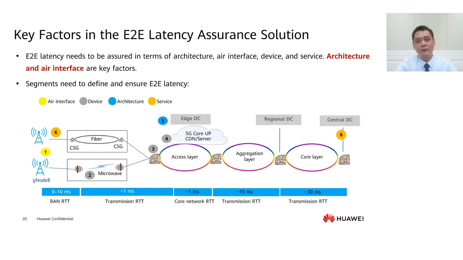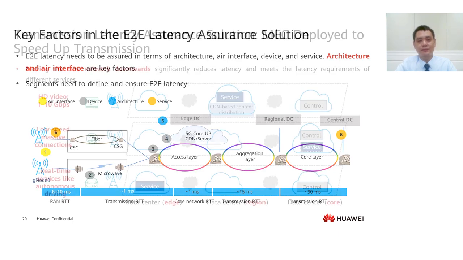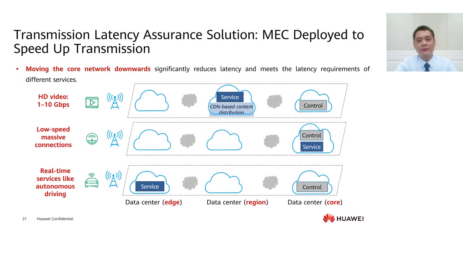The user plane can be moved downwards by deploying MEC to reduce the transmission latency. In the traditional architecture, data needs to be sent to the core data center, DC, for any services.